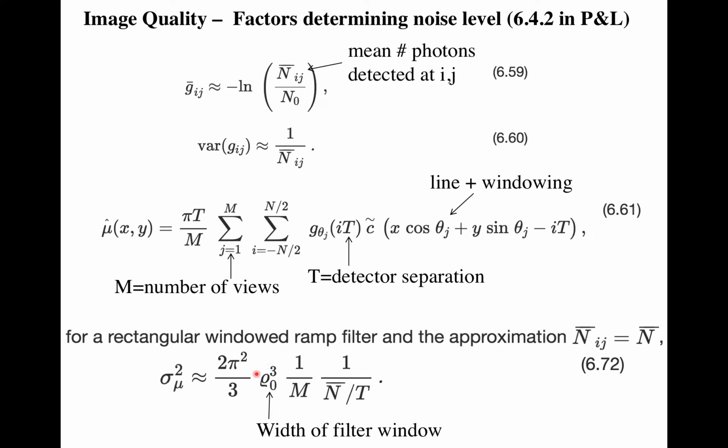However, this guy here, and it doesn't show up here, is the spectral width in Fourier space of our convolution filter, right? So if we're convolving with the ramp function and it has a spectral width of rho naught, it goes as rho naught cubed, right? So what happens with this? As I make that ramp function wider and wider, I admit higher and higher frequencies.